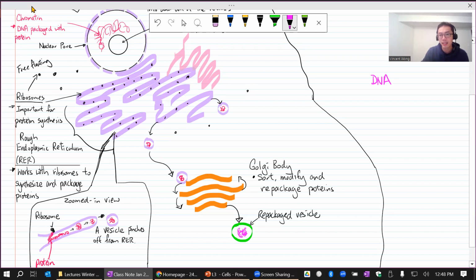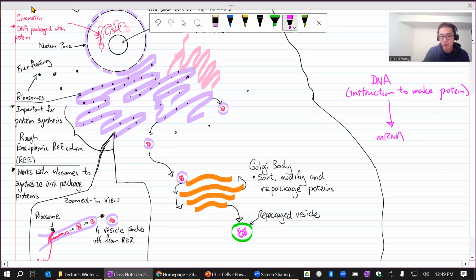The DNA has the instruction to make protein. It's the recipe, right? We're going to make a copy of it in the form of mRNA. This is just a copy of DNA, not the whole DNA, but just the section that gives you the instruction to make a particular protein. If you want to make insulin, then you copy the instruction to do that.